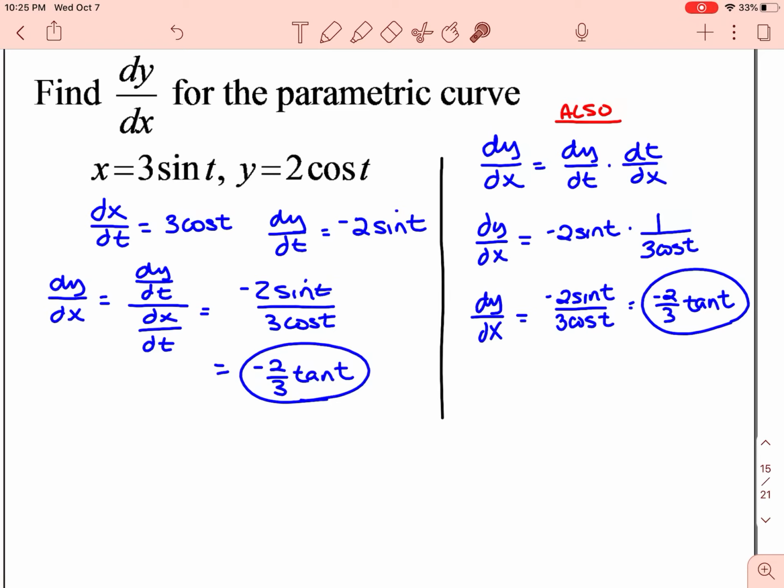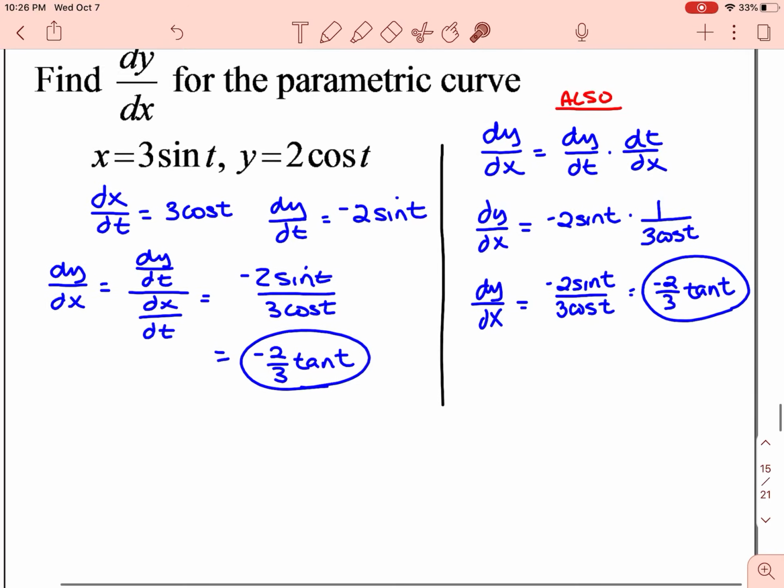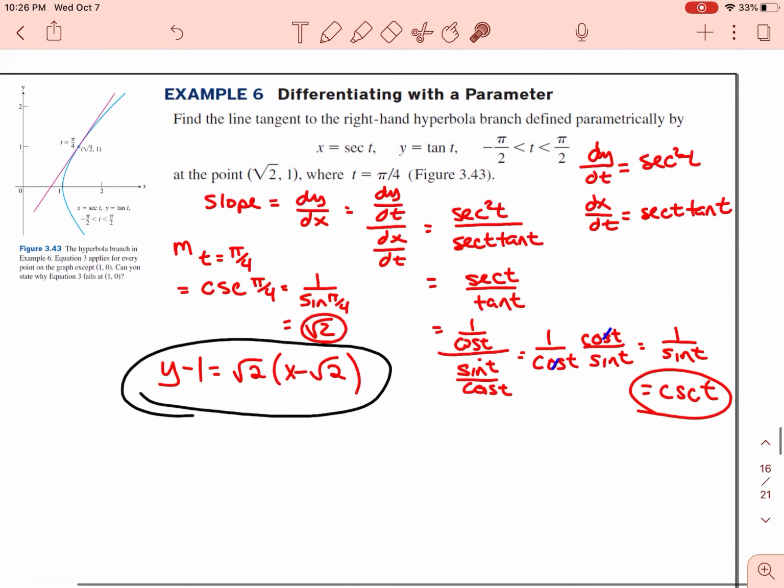We're just basically taking this, multiplying by the reciprocal. dt over dx is another way of looking at it. And dt over dx is going to be the reciprocal of dx over dt, which is 3 cosine of t. The reciprocal is 1 over 3 cosine t. And you get negative 2 sine t over 3 cosine t. And, of course, that's negative 2/3 tangent of t the same way, no matter which way you look at it.